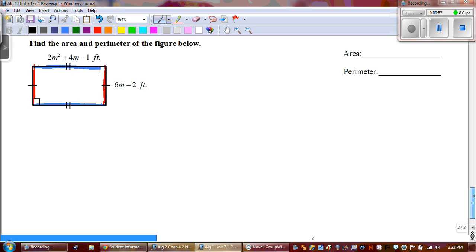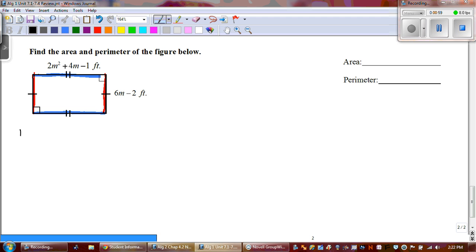So let's find the perimeter first. Now our opposite sides are the same. So instead of writing everything out, I can just write down the two sides and then multiply them by 2. So one side is 6m minus 2, and the other side is 2m squared plus 4m minus 1.